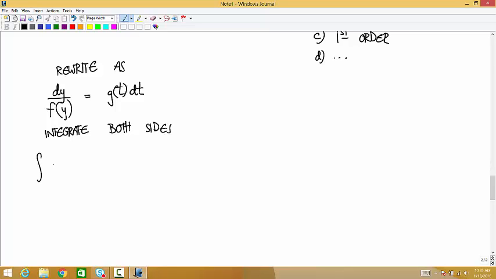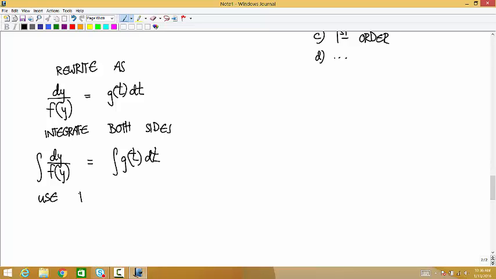Over here you have the integral of dy over f of y. Over here you have the integral of g of t dt. You have one constant of integration. I mean, you have one constant for each of these, and they're lumped together into a single constant.